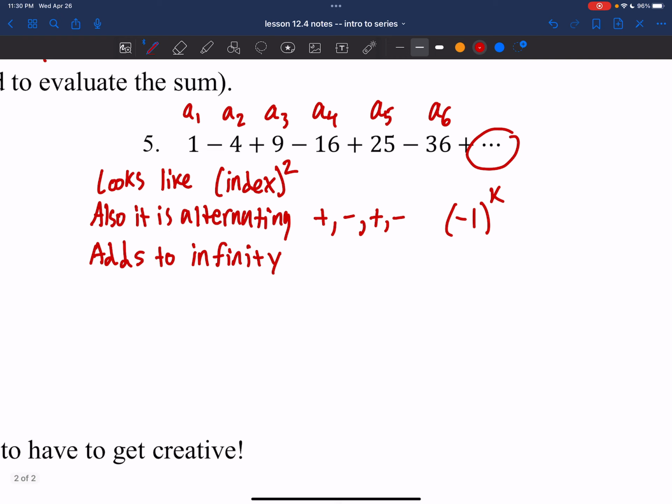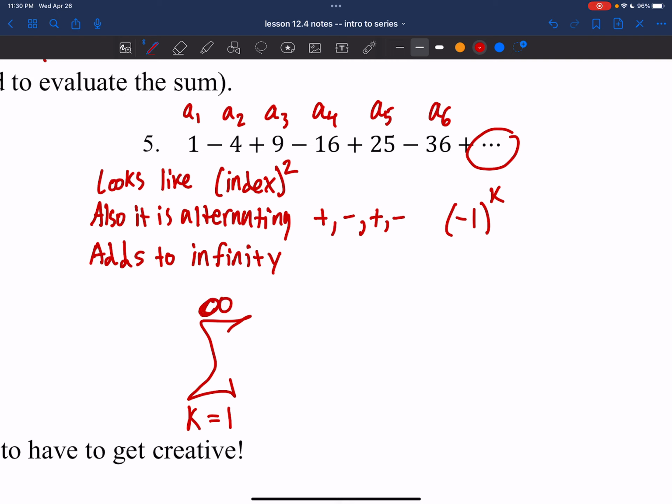So, sigma, right? Where does the series start? Sorry, i equals 1, or rather, you know what? Today I'm going to do k. I'm going to say k equals 1, because you can choose whatever letter. Up to how long am I doing this?